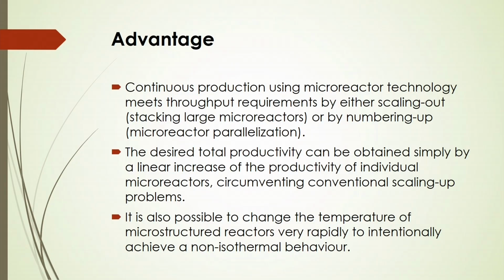And it is possible to change the temperature of microstructure reactors very rapidly to internally achieve non-isothermal behavior. And the desired total productivity can also be obtained simply by a linear increase of productivity of individual microreactors, even circumventing the conventional scaling up problems.